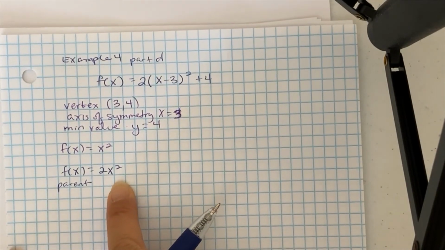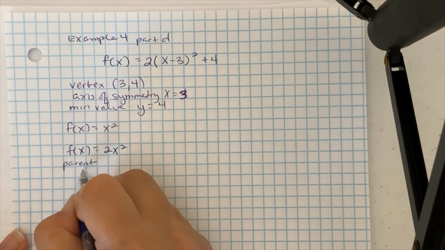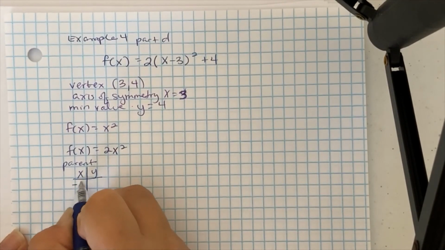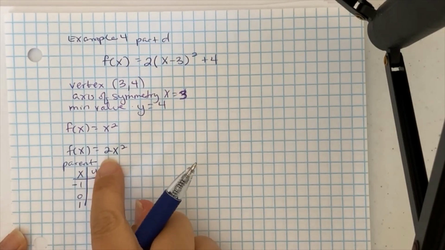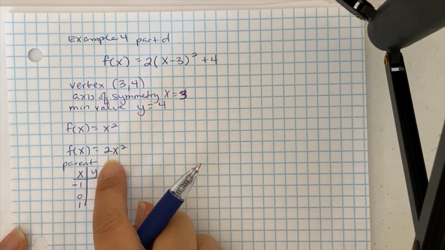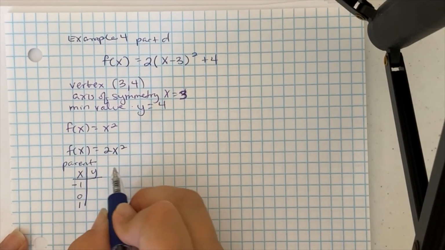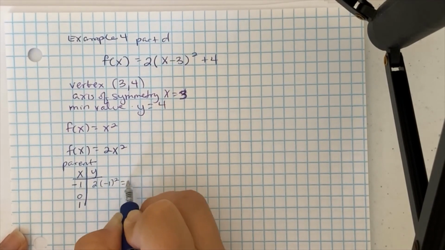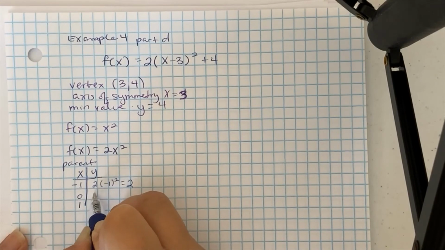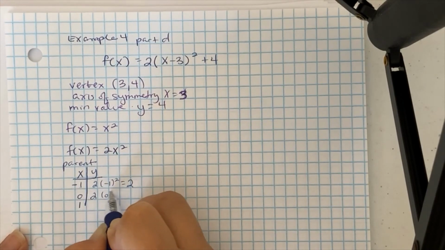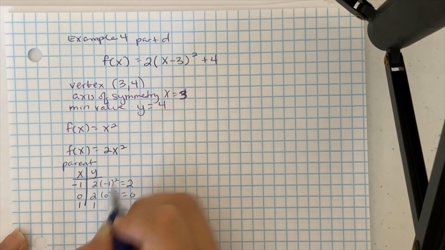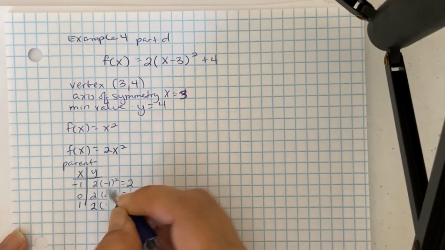I'm going to do an XY table, starting with -1, 0, 1 because they're whole numbers and I don't have to worry about fractions. 2 times -1 squared is a positive 2. 2 times 0 squared is 0. 2 times 1 squared is 2.